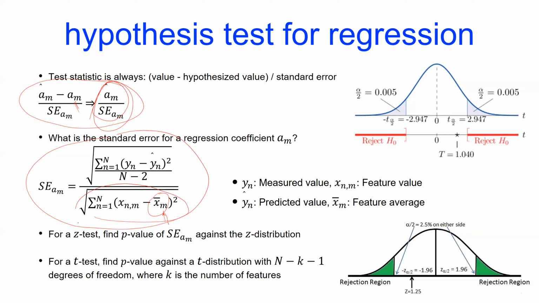Any question about the denominator here? And the numerator, you can think about this as a type of variance, right? Actually this is n minus 2. This n minus 2 is some kind of degree of freedom.